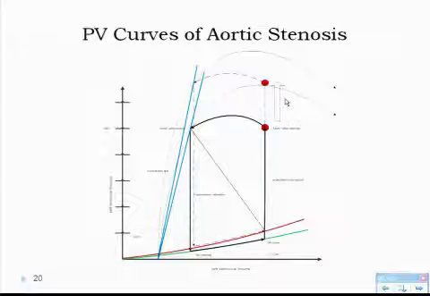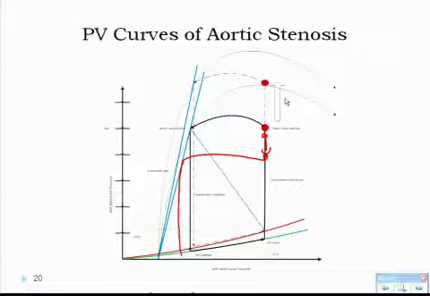Okay. If I were to take a normal individual and I dropped their afterload from here down to here, then what you should see is that there should be a more effective stroke volume. Okay? With aortic stenosis, when you do a spinal on them, guess what? That doesn't happen. All that happens is that your diastolic pressure falls very quickly. Okay? But your amount of stroke volume is unchanged.